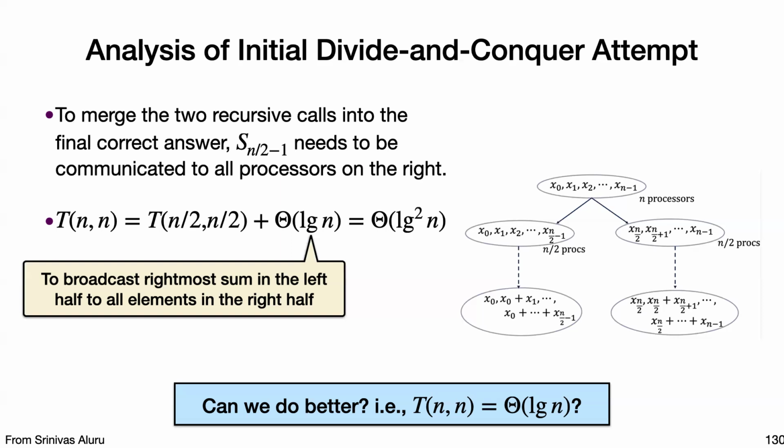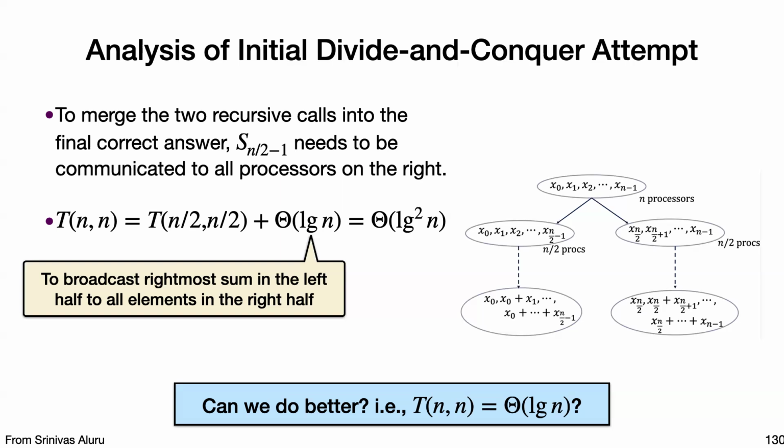It can take time log n because, similar to the tree-like reduction, all the other processors can help in the broadcast. You push it into the middle, and then the middle one pushes it to its middle, and so on like that. Good question.